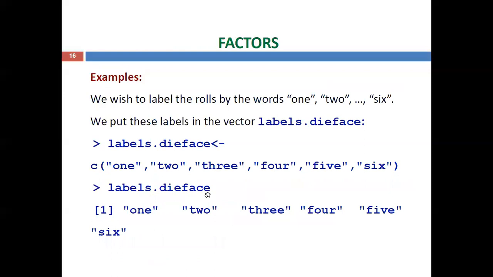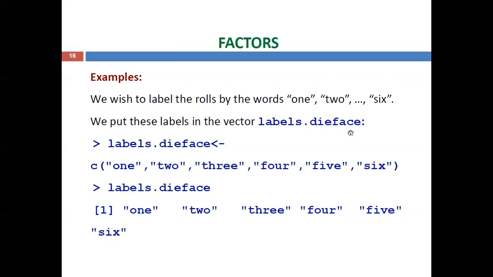Then coming to the next one, we wish to label the rows by words. Digit 1 is labeled with the string ONE, digit 2 is labeled with the string TWO, and so on. The digit 6 is labeled with SIX. We put these labels in the vector labels.dieface.